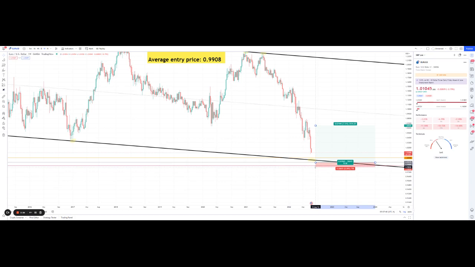We can set the stop about 1%. Let's do it a little bit more than 1%. So we're under the 0.98 area.